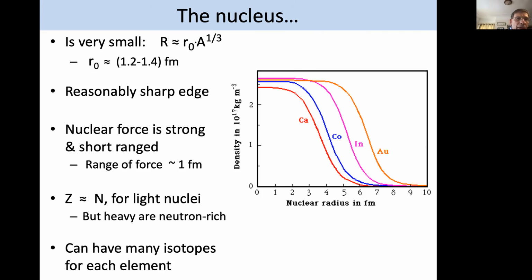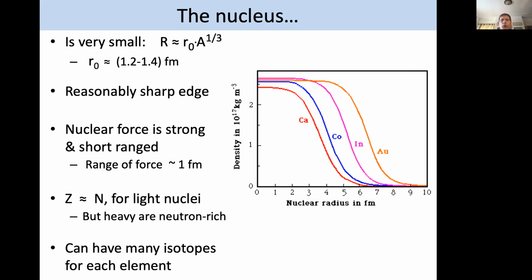Already by medium weight nuclei, the density of atomic nuclei more or less saturates. In other words, the internal density, the number of nucleons per cubic Fermi in a calcium nucleus, is not terribly different from that in a gold nucleus, uranium nucleus, or carbon nucleus.